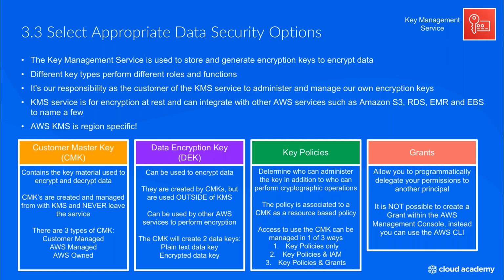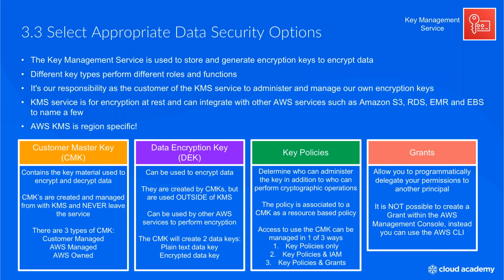And it's down to us as a customer, not AWS, to ensure that we have implemented adequate security measures to protect our keys. And we can do this through key policies, and I'll come on to those in just a couple of minutes. Now, KMS, although it's used for encryption, is only used for encryption at rest. It's not an in-transit encryption service or protocol like SSL, for example.